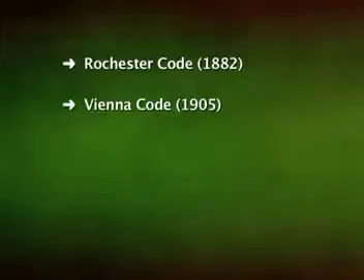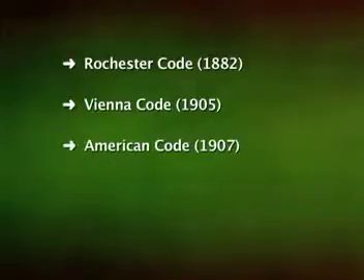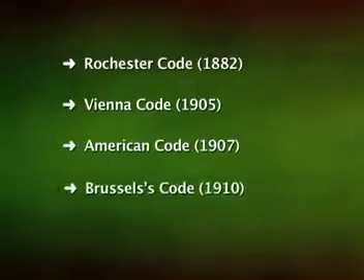Subsequent congresses and codes, such as the Rochester Code 1882, Vienna Code 1905, American Code 1907 and Brussels Code 1910, discussed various aspects of nomenclature and suggested many modifications and amendments in their rules.